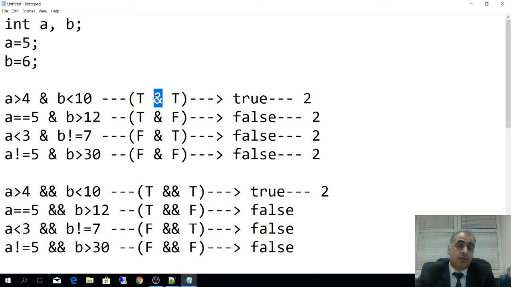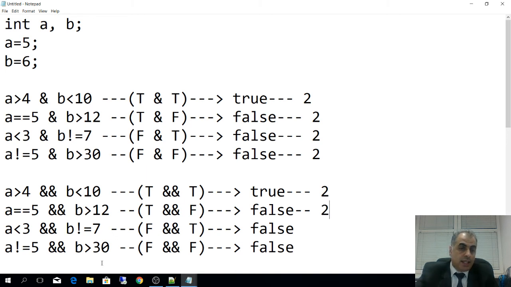For this single ampersand AND operator, we had 2 processes, and for this one also we had 2 processes. So it's useless. But now, when we come here, A is equal to 5. Is it true? Yes, it's the first process. And then I'm checking the second one. B is greater than 12. Is it true? It is false. True and false, and the result is false. We have also 2 processes.